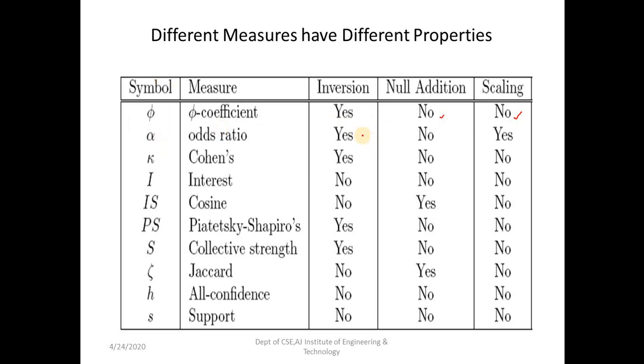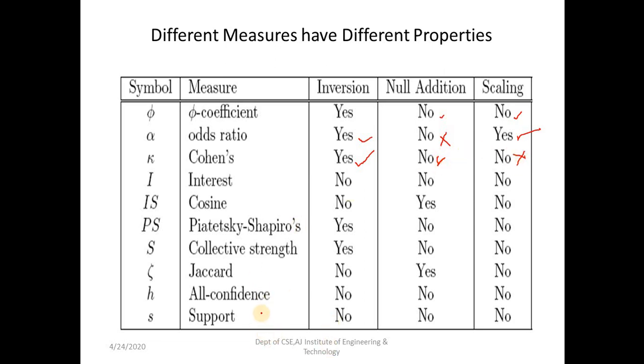Next, odds ratio satisfies the inversion property and scaling property, but it does not satisfy the null additive property. Cohen's objective measure satisfies the inversion property but does not satisfy the null addition and scaling property.